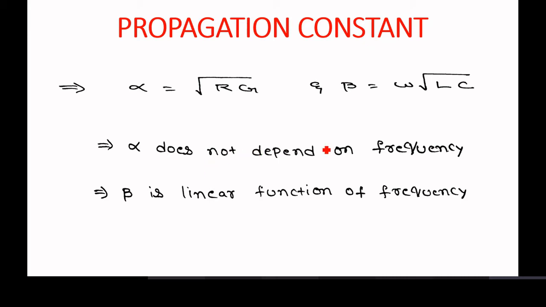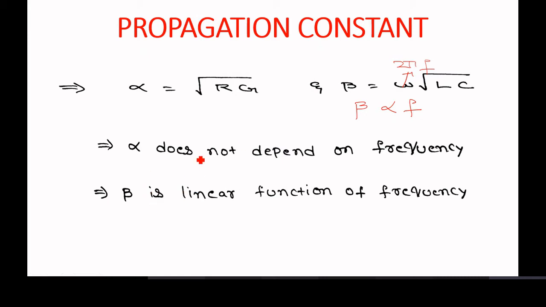So alpha doesn't depend on frequency, it is independent of the frequency as you can see from the expression of the attenuation constant, whereas beta is a linear function of frequency. So here beta is simply linearly proportional to f. Omega is nothing but 2 pi f, right?